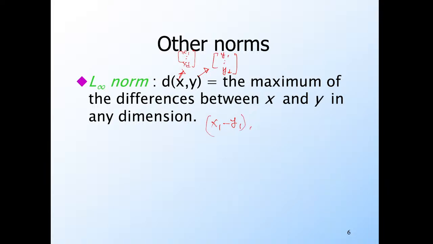This is one thing. x2 subtract y2, that's another thing, and so on up to xd subtract yd. And then you compute whichever is the max among these things. Whichever is the max, that's your result.